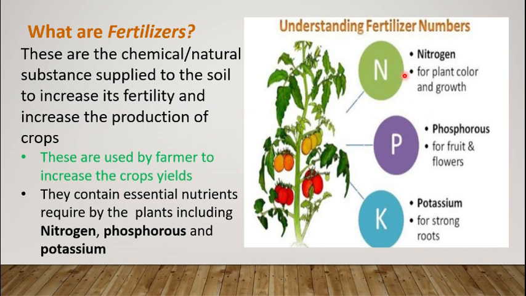Nitrogen, N for nitrogen, is the element that gives the color and helps the better growth of the plant. Phosphorus, P is its symbol. It helps for the growth of the fruit and flowers. Potassium helps for the growth of roots or makes the roots strong. So nutrients help the production and better growth of the plant.